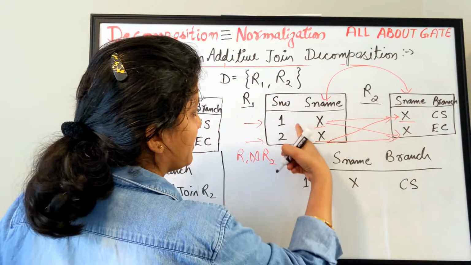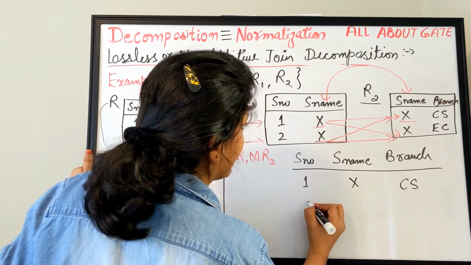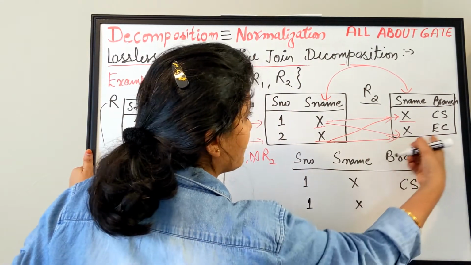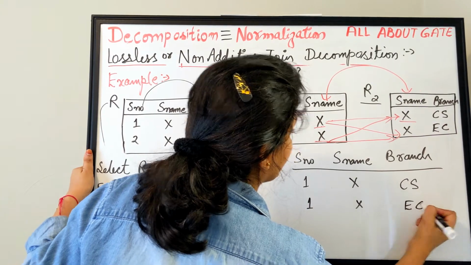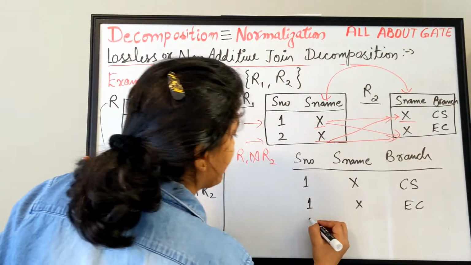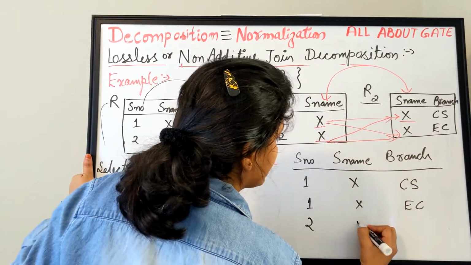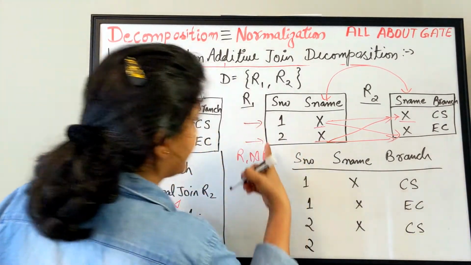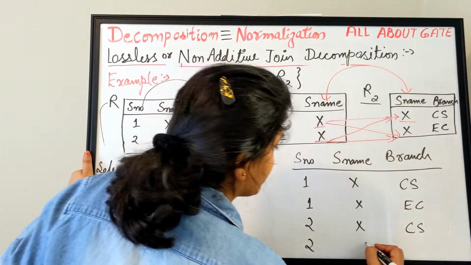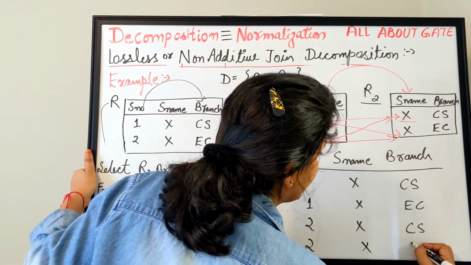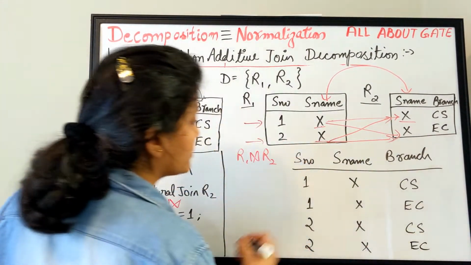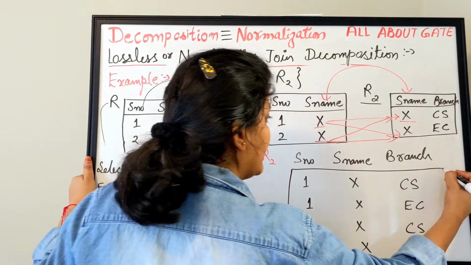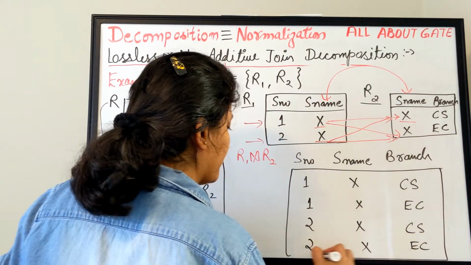The first tuple matches with the second one, so this is again 1 x with ec. Then the second tuple from here will match 2 x with cs, and then again the second tuple matches with the second tuple here, so 2 x with ec. Okay, so this is going to be the join table.